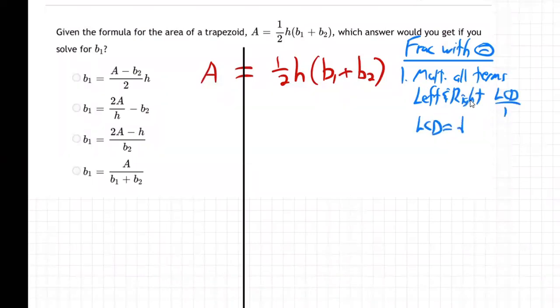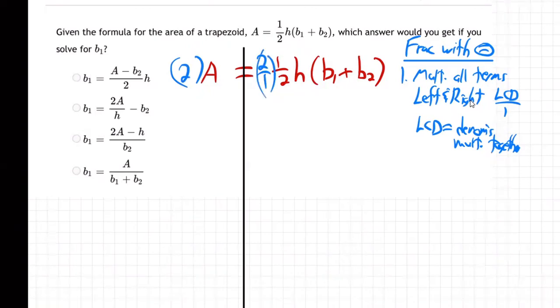LCD equals the denominators multiplied together. Well, in this case, we only have one denominator, right? Pretty simple. Okay, what do we do with it? We multiply by 2. You can put 2 over 1, but when that other side's not even a fraction, this side, I will definitely put 2 over 1.